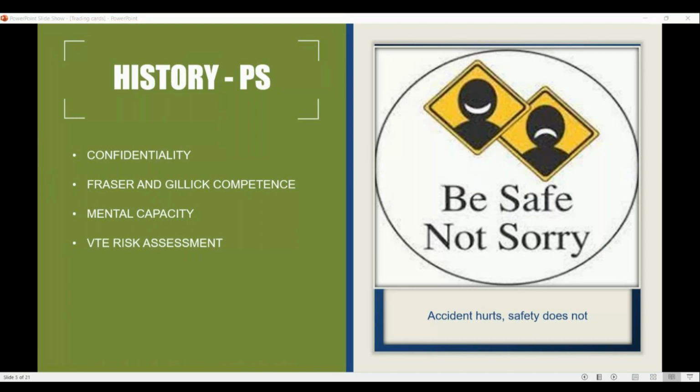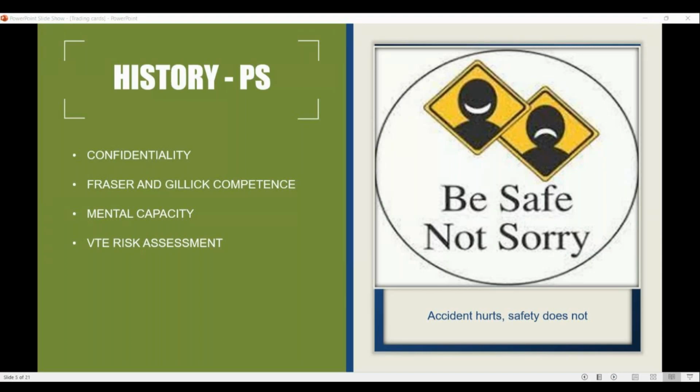VTE risk assessment in every patient, in obstetrics, you cannot miss VTE risk assessment, starting from early pregnancy till delivery. Every woman you will assess for VTE antenatally, during labor, and after the delivery. We will reassess you.